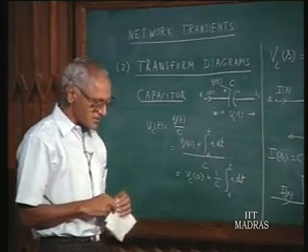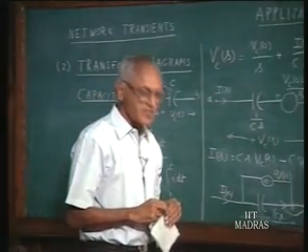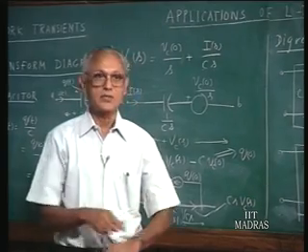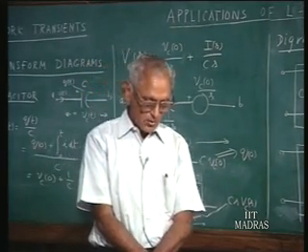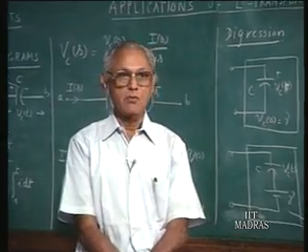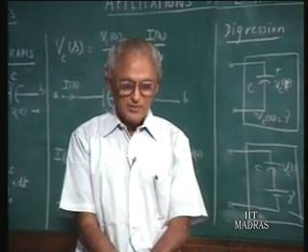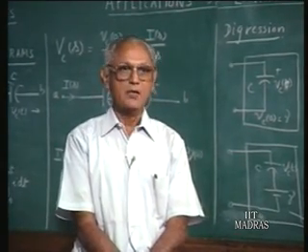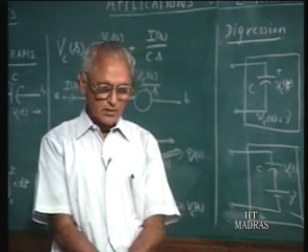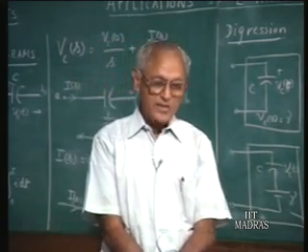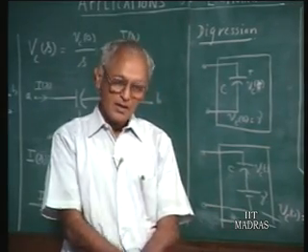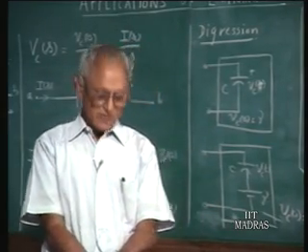These generalized impedances are, after all, extensions of the impedances in AC circuit analysis. We know that in AC circuits, 1 over j omega C is the impedance of a capacitor, and j omega L is the impedance of an inductor. Here, instead of j omega, we have s. In AC circuits, we think of an excitation function e to the power j omega t, and on that basis we derived the impedances.